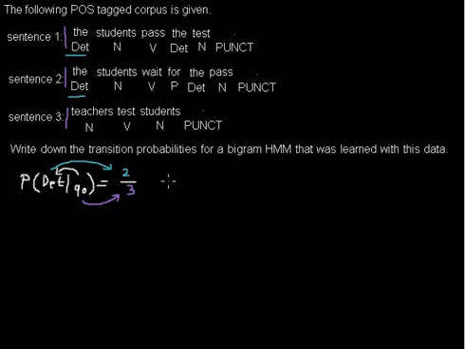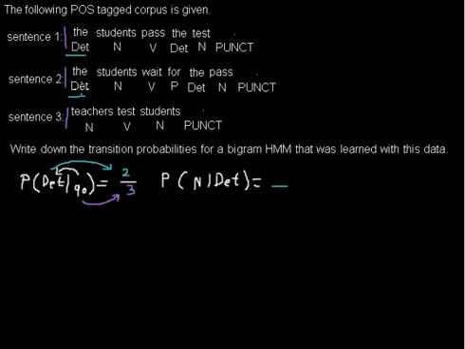So let's see what the next probabilities are. Now we have a determiner, and we encounter a noun, and let's see what probability they have. Now we have the determiner in the denominator, and we need to count all determiners.